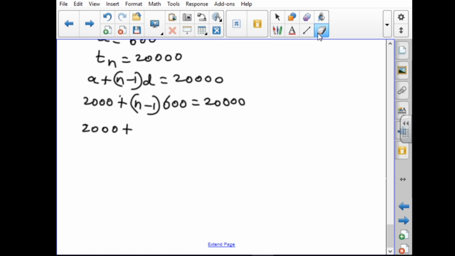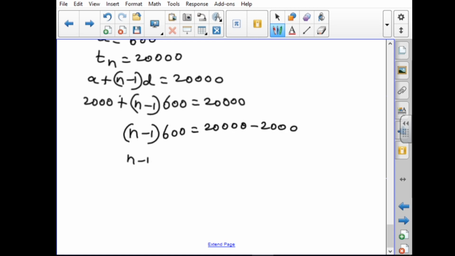Next, we bring the 2,000 to the right side. So n minus 1 into 600 equal to 20,000 minus 2,000, that is 18,000.